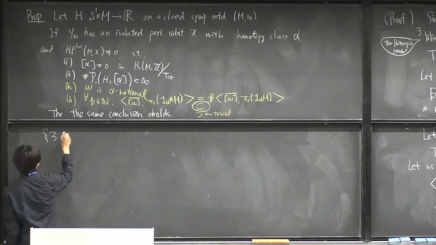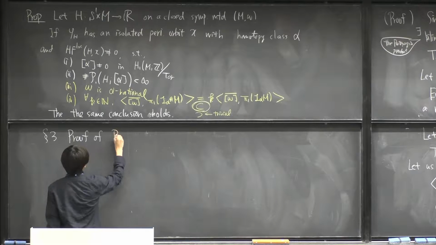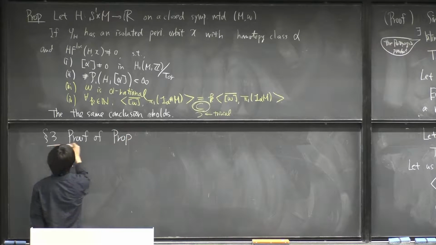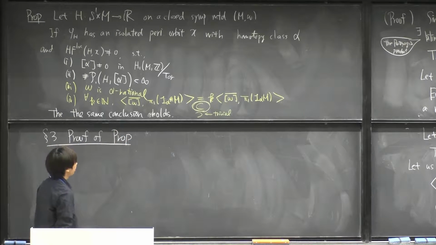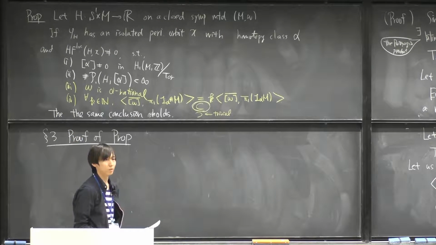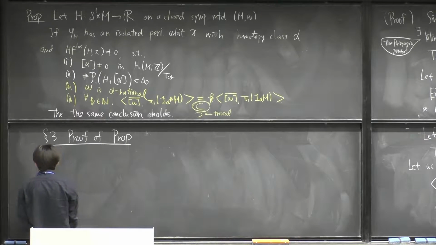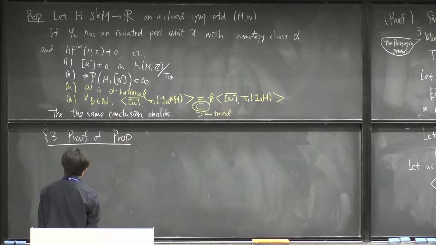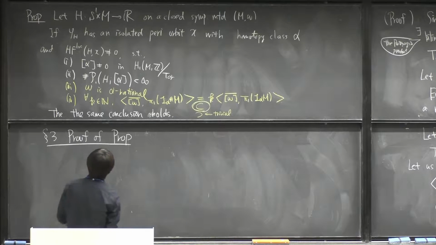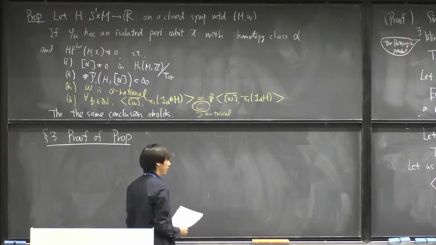Now I move to the proof of the proposition. The proof mainly relies on the argument by Gürel. I want to explain the reason why the assumption 4 appears.